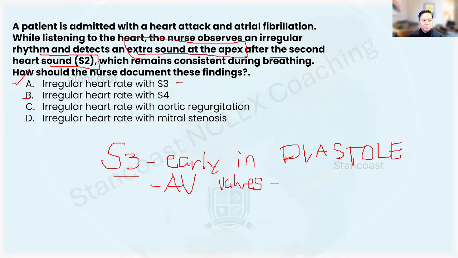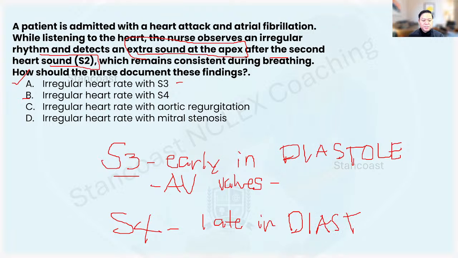What about letter B? Irregular heart rate with S4. What is that? Well, an S4 is going to happen late in the diastole. So take a look at the difference between S3 and S4.